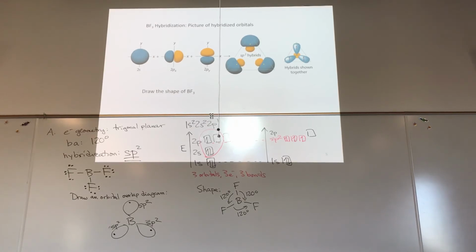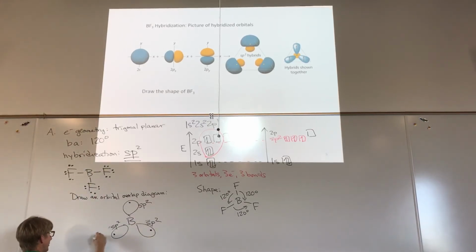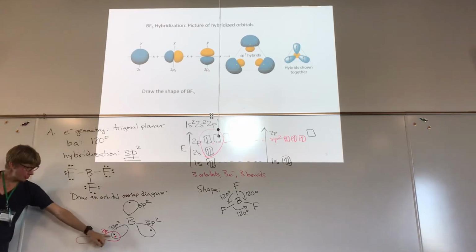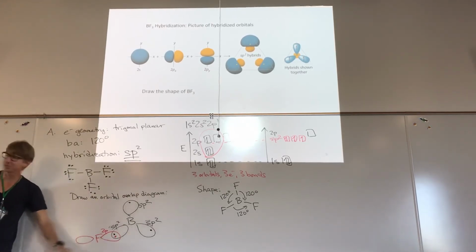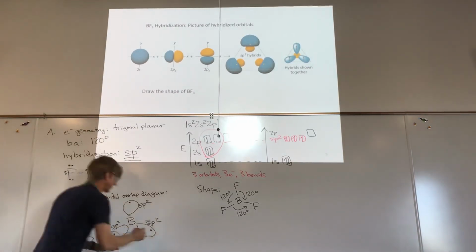No hybridization necessary for fluorine. I'm kind of out of space, but I'll do it anyway. There's my 2p. Fluorine has one electron that goes back and forth in here. Anyway, there's the electron forming the bond. And now I will do that 3 times.